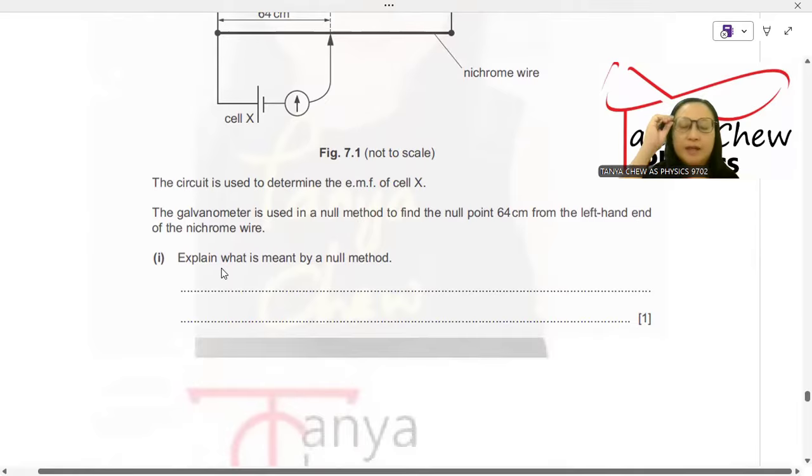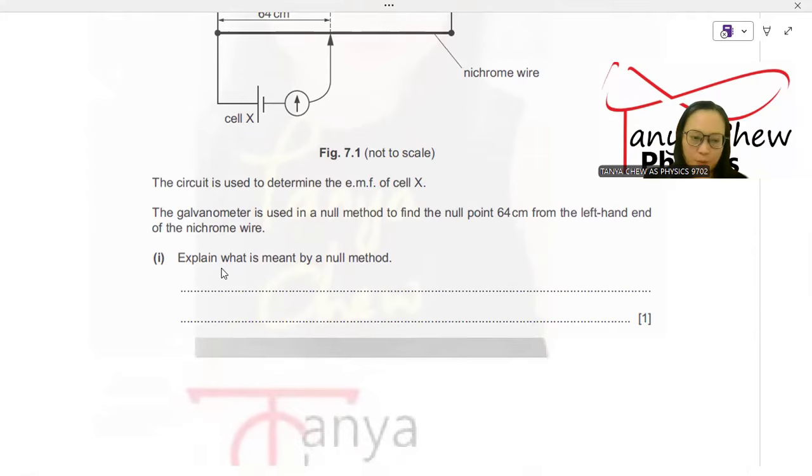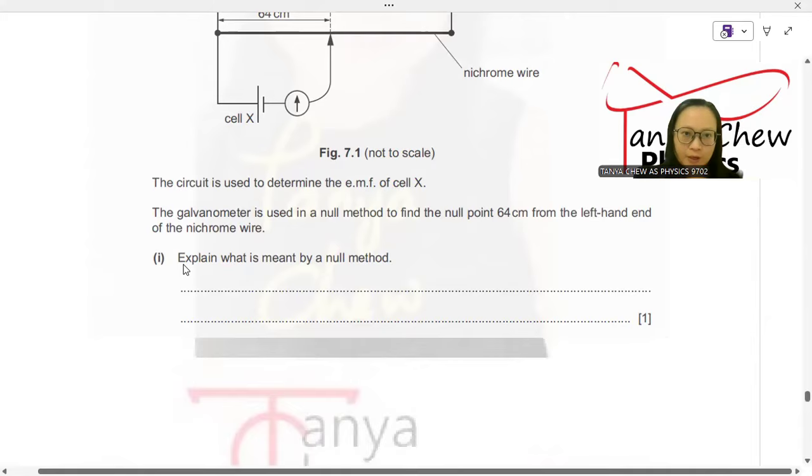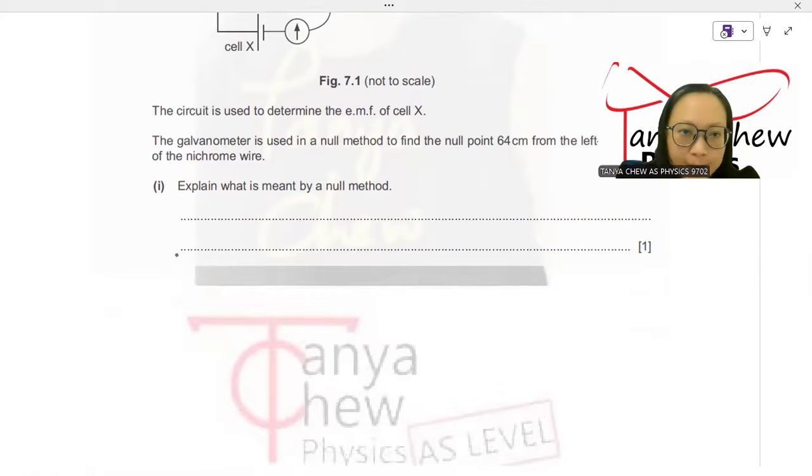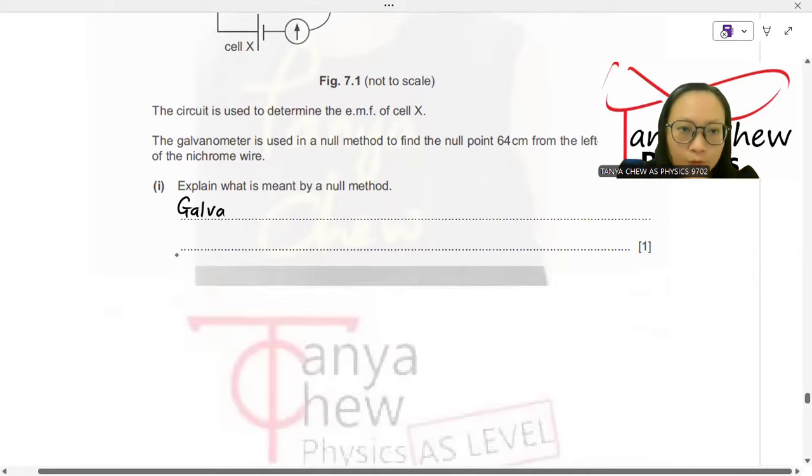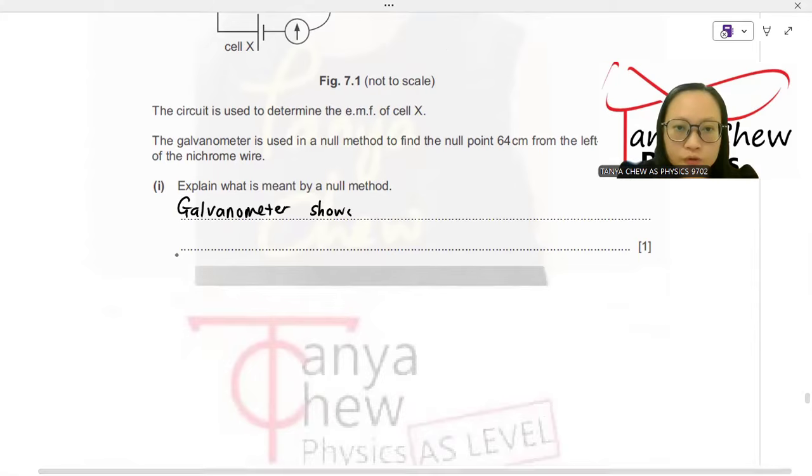Null method means that the galvanometer will read zero. So why the galvanometer reads zero? It is because the EMF of the cell X is equal to the PD across the 64 cm of the nichrome wire. So I would write that. Galvanometer shows zero reading.